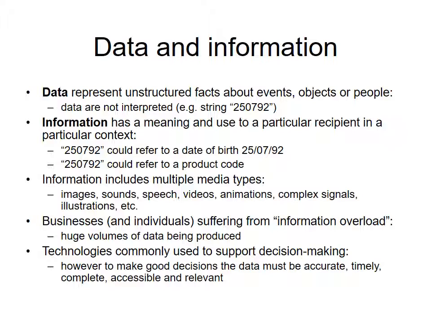It could be anything, but then information provides that data with some meaning. So for example, that string could represent a date of birth, could refer to a product code, could refer to a project code. In many companies, each project is associated to a numerical code.